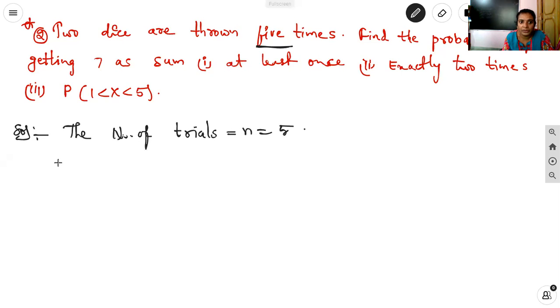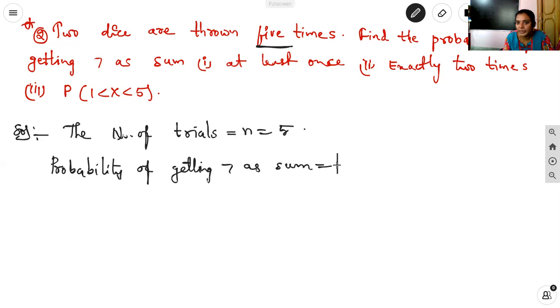First, we can find out the probability of getting 7 as sum. Let it be small p. That is equal to favorable outcomes by total outcomes.